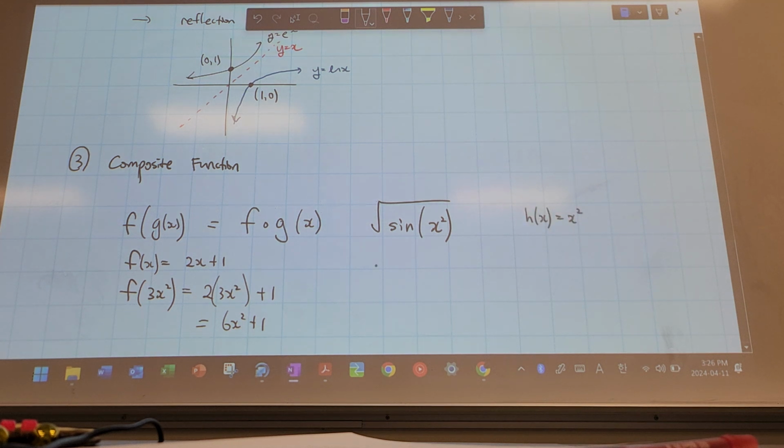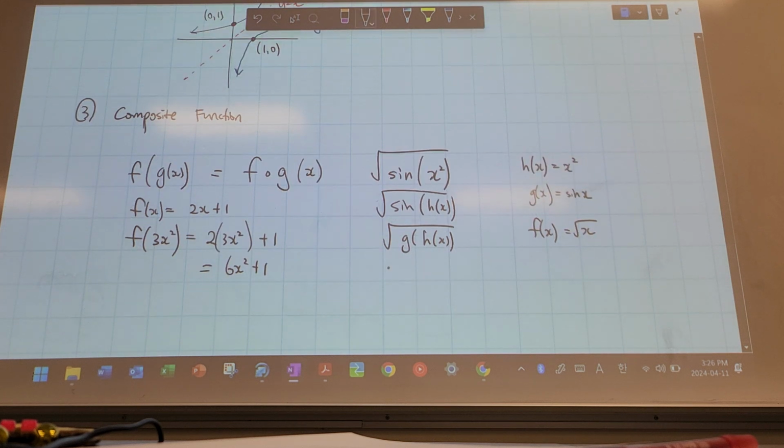Then I can rewrite this into sine of h of x. Then let's call sine of x to be g of x, so g of x is equal to sine of x. So then this is going to be g of h of x. And then let's call f of x equals square root of x. So then we can write this as f of g of h of x.